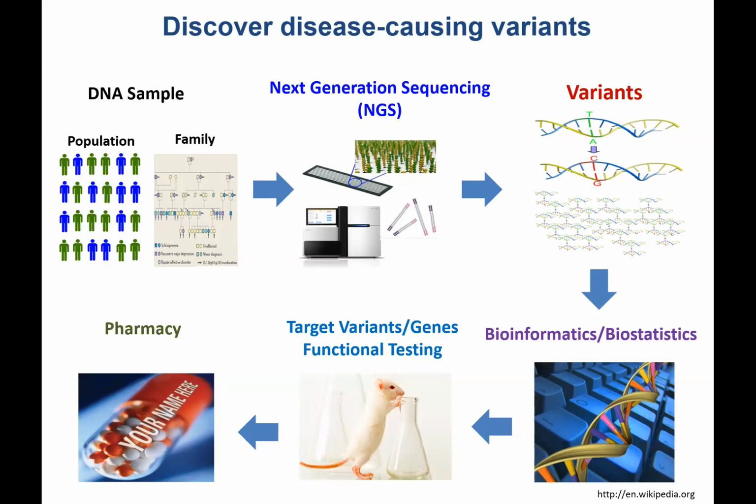When we identify this target, we can do some functional study, like knockdown mice. If we validate these real targets, then we can think about how to design the drug. This is what we also call precision medicine or personalized medicine.